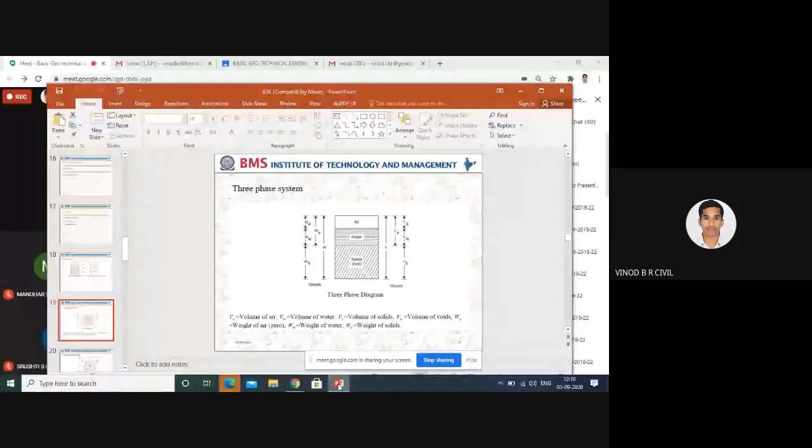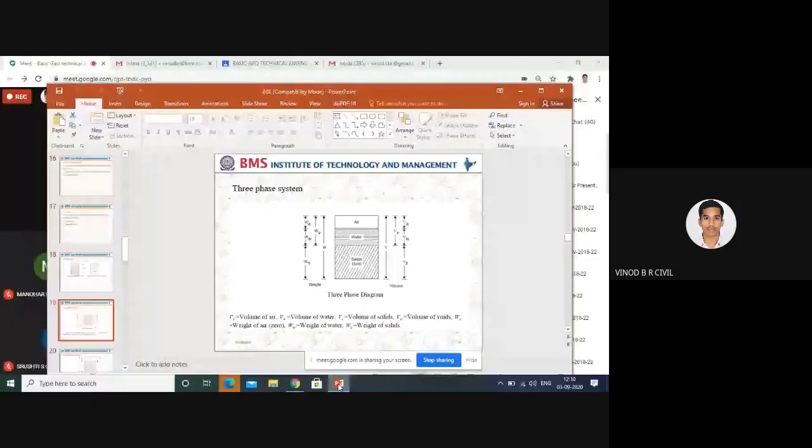Coming to the right-hand side, you can see the volume of air, we call it Va, the next one volume of water, Vw, and the next one the volume of soil, Vs. Volume of air and volume of water we call Vv, volume of voids. And the combination of Va plus Vw plus Vs we call V, that is the total volume.